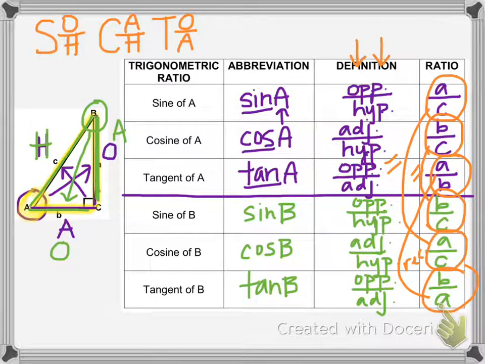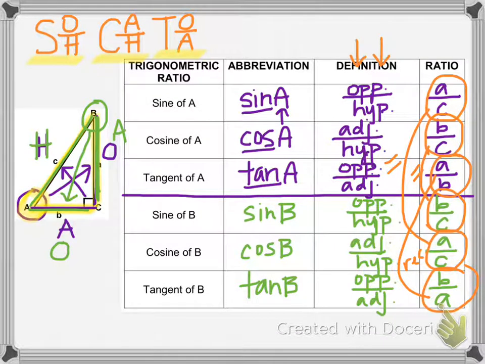The SOH means that sine is opposite over hypotenuse. The CAH means that cosine is adjacent over hypotenuse. And the TOA means that tangent is opposite over adjacent. I also had that on the front of this video. I use that to help me remember, because it is easy to forget. But if you remember SOH CAH TOA, and you write it down when you do these problems, it'll help you remember how to make these ratios.